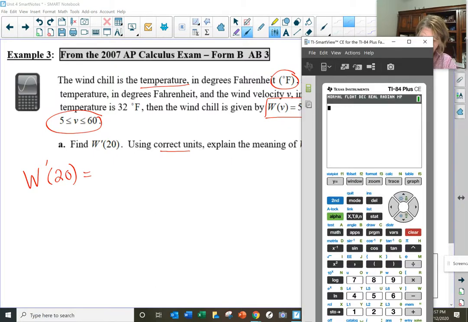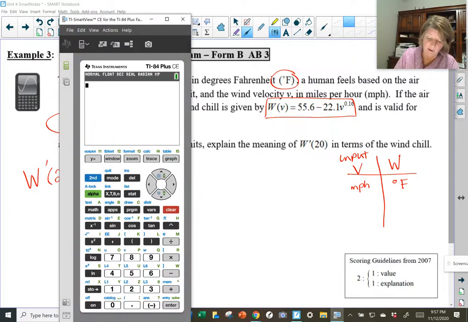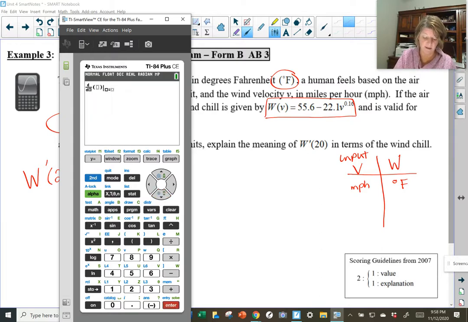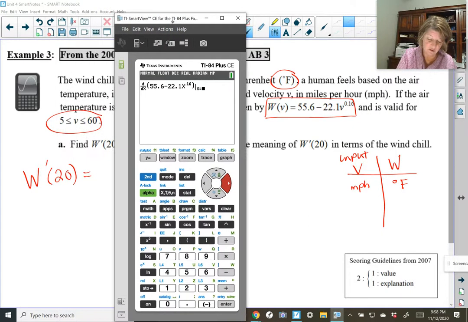So I'm going to clear what I had previously, and now I'm going to put in alpha window option 3. You also can go under the math menu and get the nDeriv. I want the derivative, which was option 3, and now let's load in our equation, 55.6 minus 22.1 V, I'll put x, raised to the 0.16, and then I want this evaluated at 20.